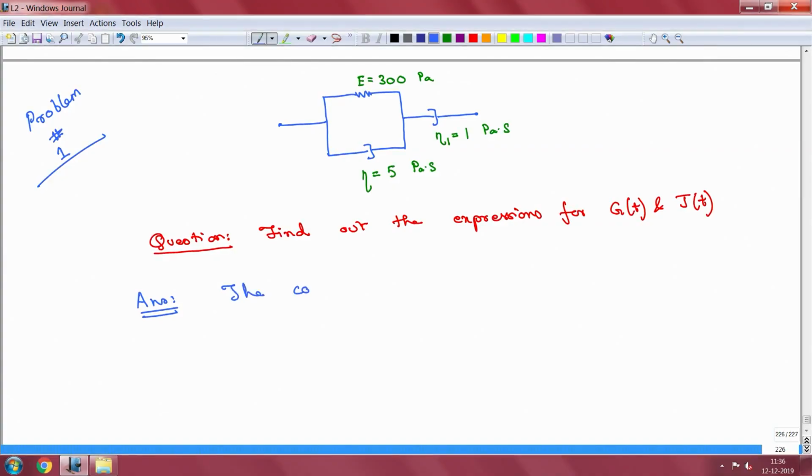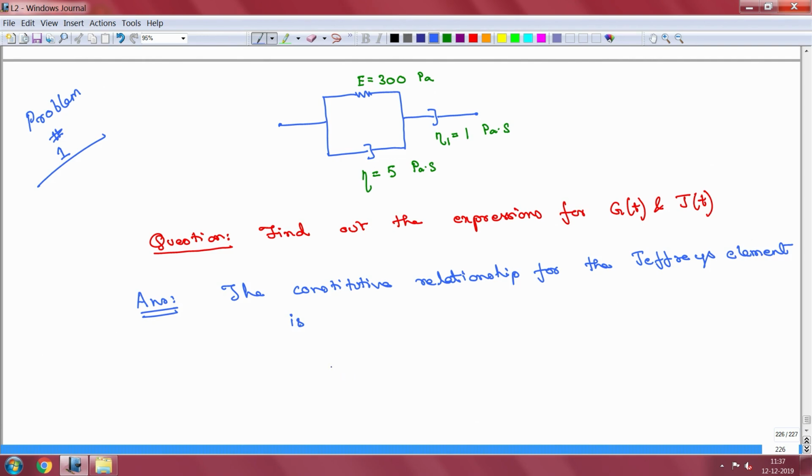The constitutive relationship for the Jeffrey's element is already well known and we have derived it earlier.